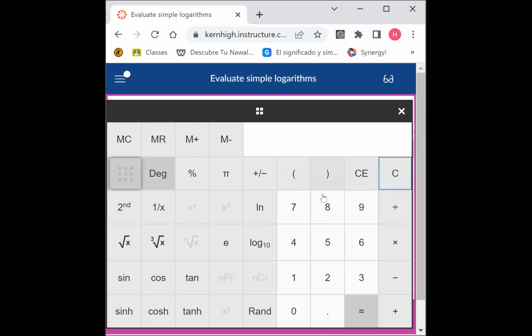So log of 26. Don't forget to close your parentheses. Divided by log of 5. So 2.024. The next number is too small, so just 2.024.